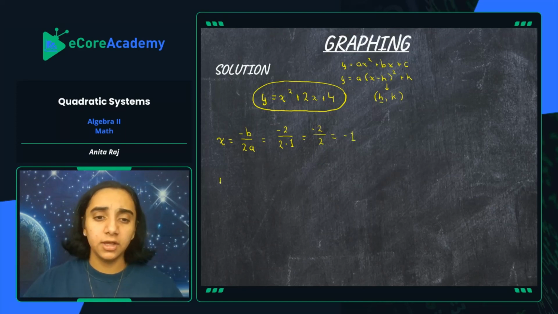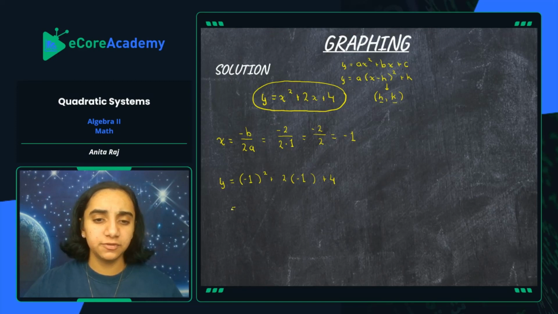To get the y-coordinate of the vertex, which in this case is k, we simply take the x value, which we found to be negative 1, and plug it back into the quadratic equation we've been given, and then we will easily be able to find y. We get y is equal to negative 1 squared plus 2 times negative 1 plus 4.